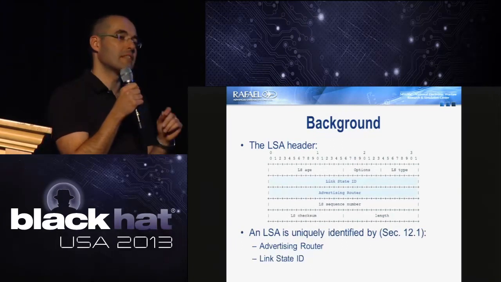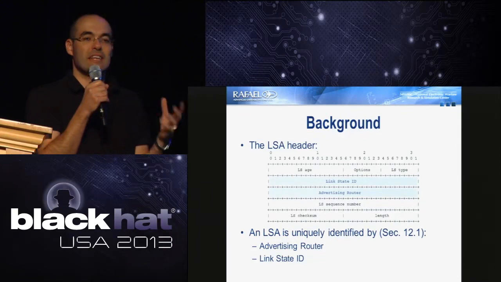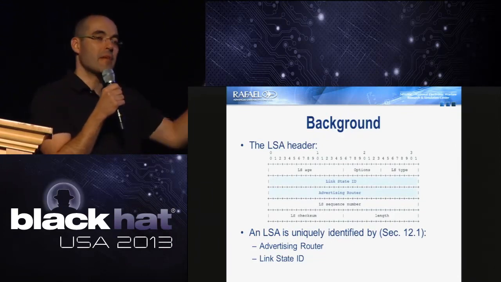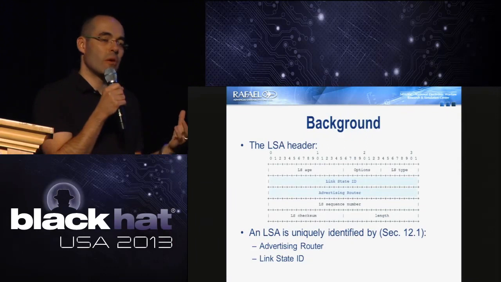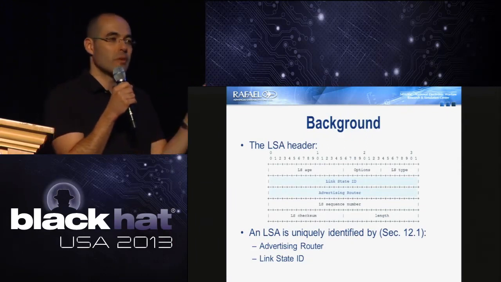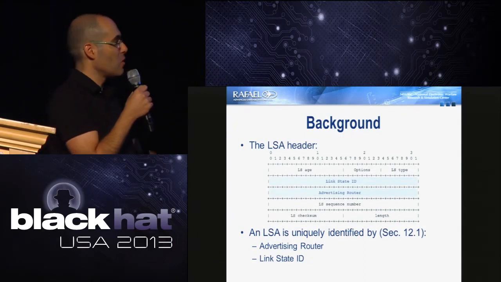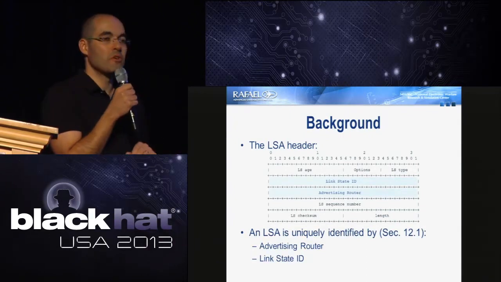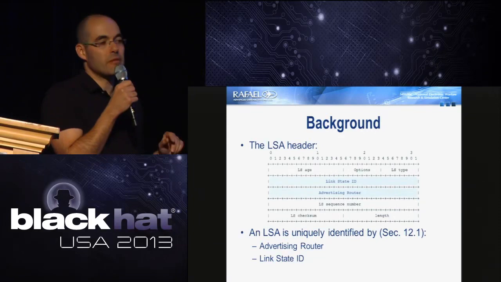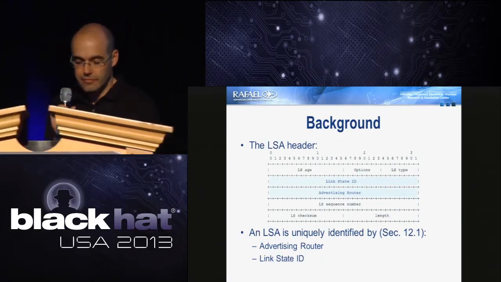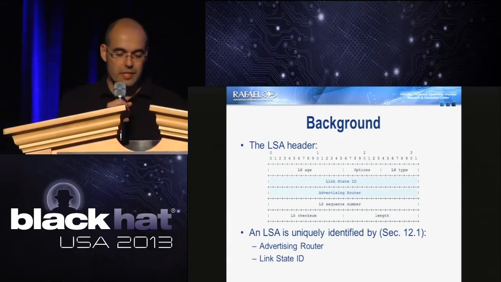The RFC says that an LSA is identified by three fields, these two and the LSA type. Now, since we're considering only router LSAs, I will just ignore the LSA type for simplicity reasons. So, from our point of view, an LSA is identified by these two fields, advertising router and link state ID. Let's see what they are.